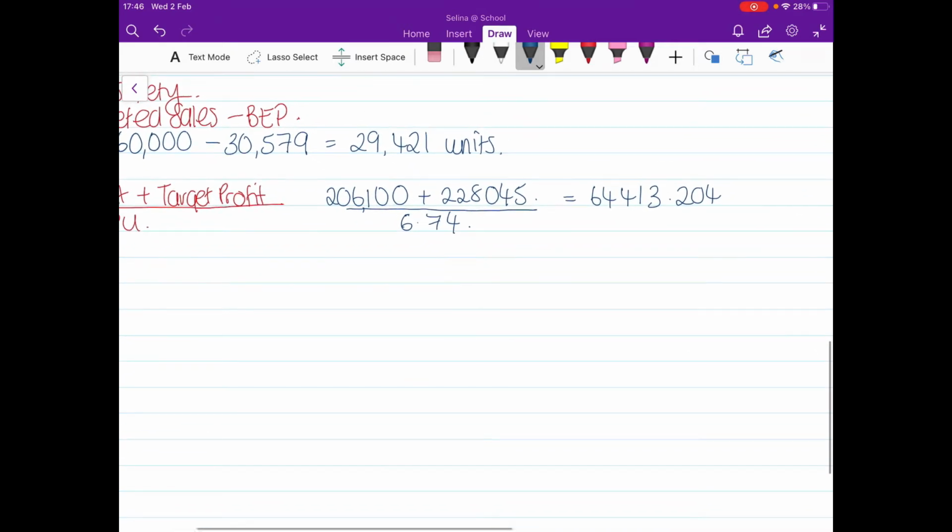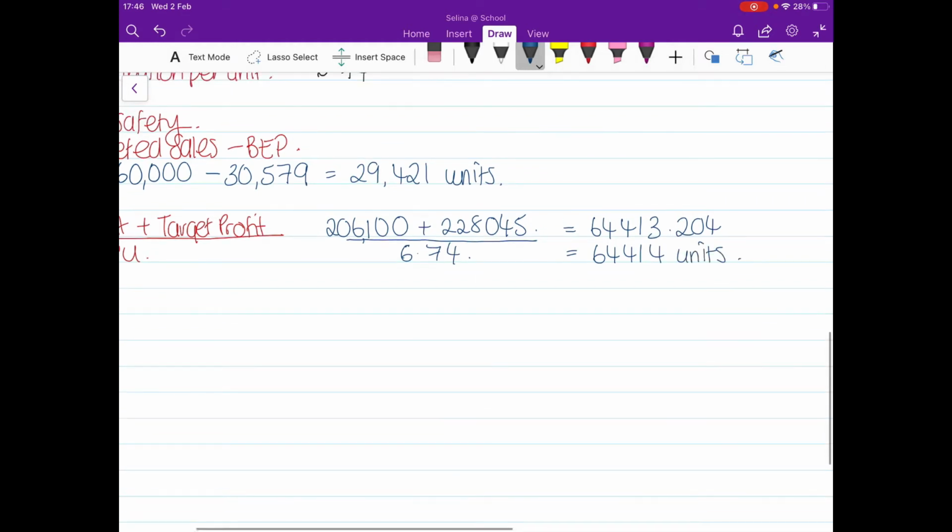Because they need to sell that final unit to actually hit their target profit. So that means your answer is going to be 64,414 units, and that's the amount that they have to sell. So to make a target profit of €228,045 and cover their fixed costs, they need to sell 64,414 units. Okay, and that's the answer to that one.